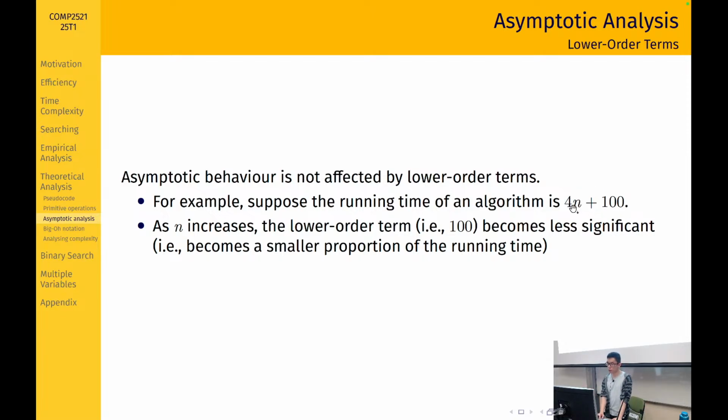If the running time is 4n plus 100, then since n is a variable, as n increases, this lower order term, 100, becomes less and less significant. So it's going to have less and less of an impact on the running time. So when we're analyzing an algorithm, we ignore lower order terms.